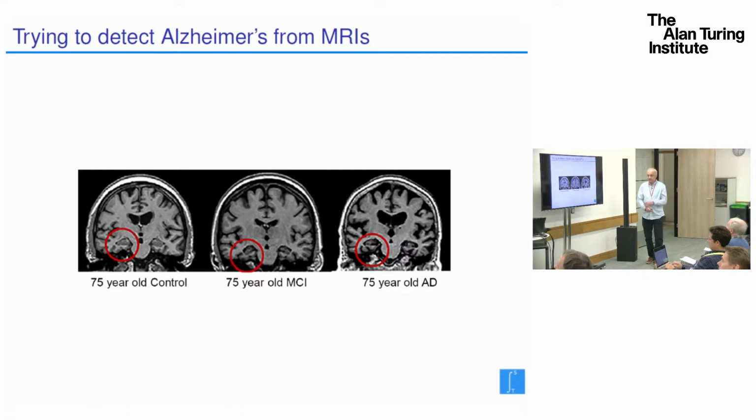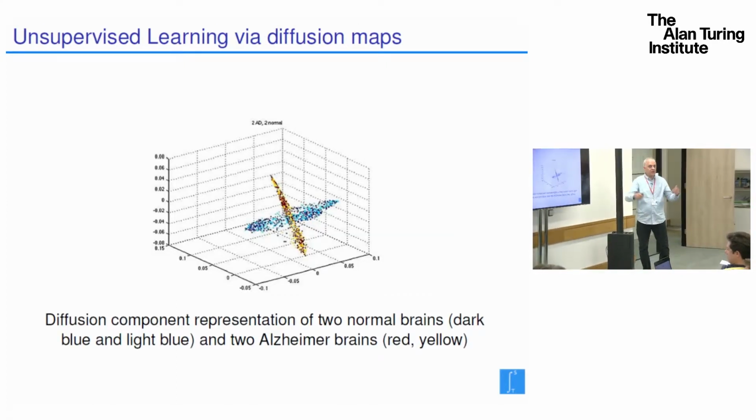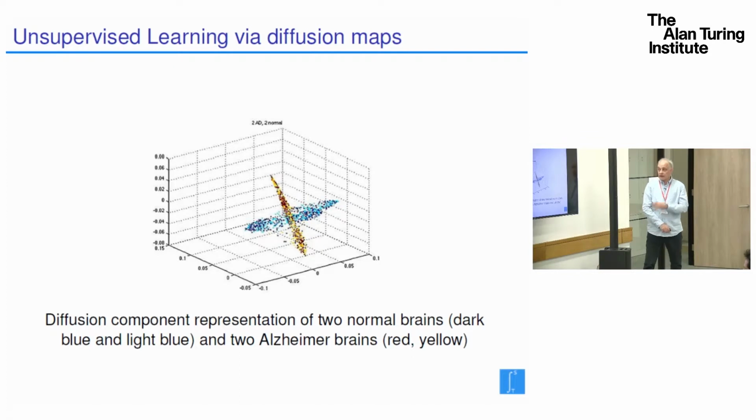So we had this bunch of 3D MRI scans, and put them into a diffusion map machinery that we developed, and wanted to see if somehow this unsupervised approach can distinguish Alzheimer's brains from non-Alzheimer's brains. And here's a typical outcome.